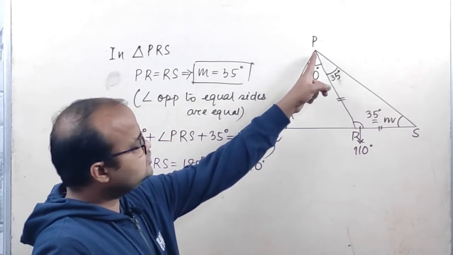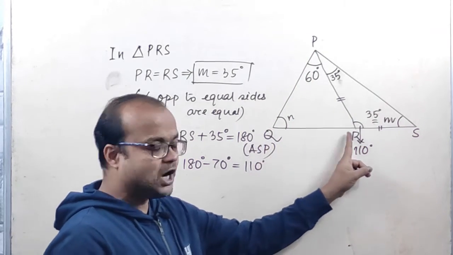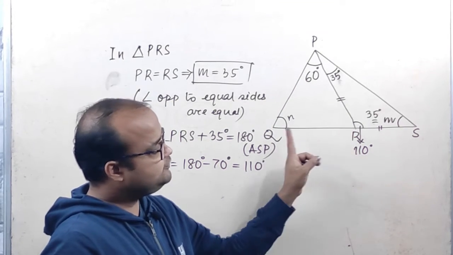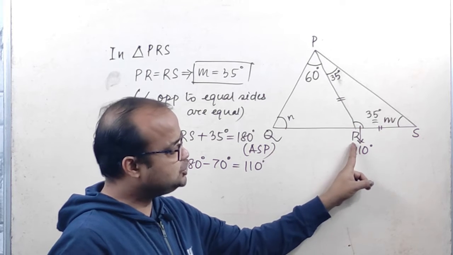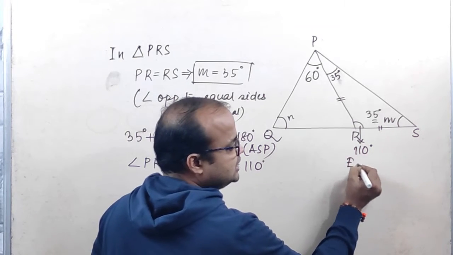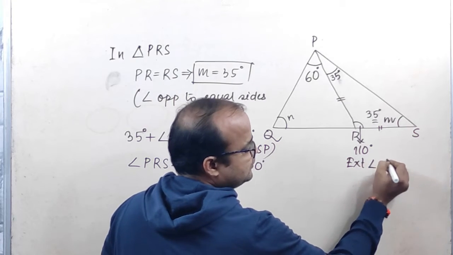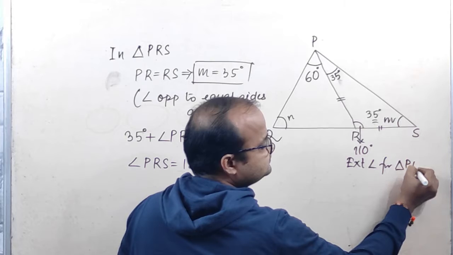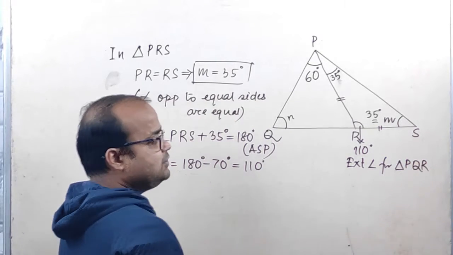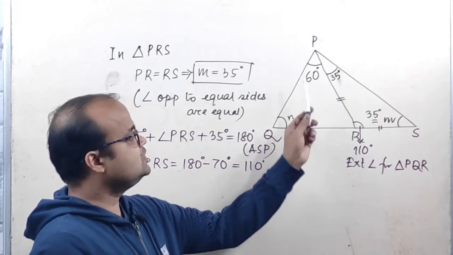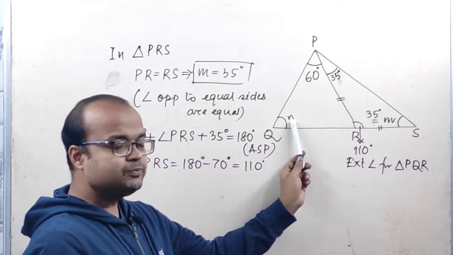Now look at the triangle PQR. In triangle PQR, if you extend the side QR to S, this is an external angle for triangle PQR, and we know that external angle is equal to sum of internal opposite angle.